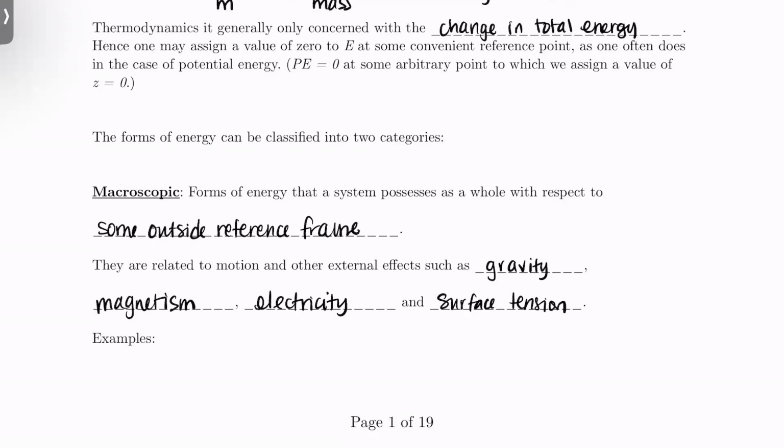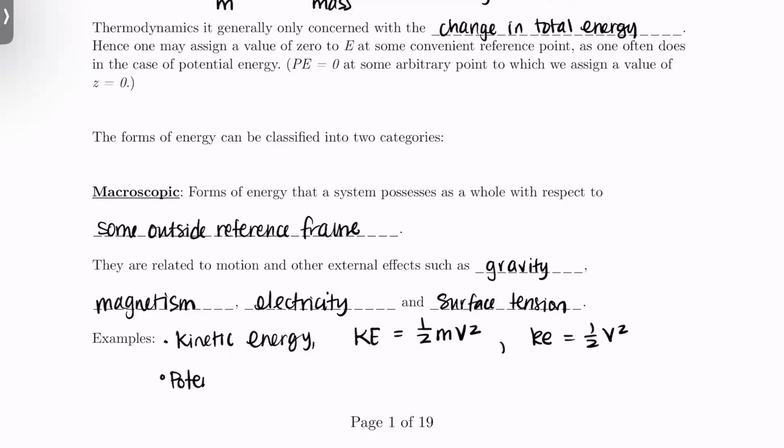Some examples of this include kinetic energy, which we all know and love is 1/2 mv squared, where m is the mass and v is the velocity. Specific kinetic energy is equal to 1/2 v squared, so we just divide kinetic energy by mass. Another example is potential energy, which we all know is mgz.